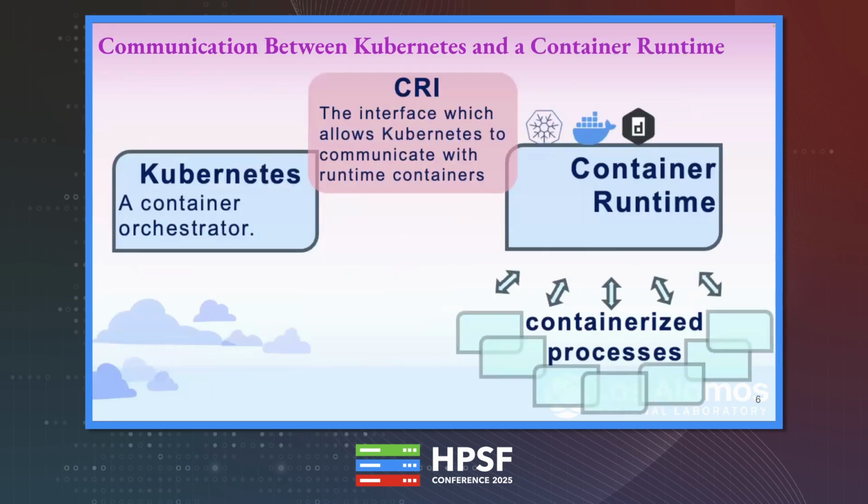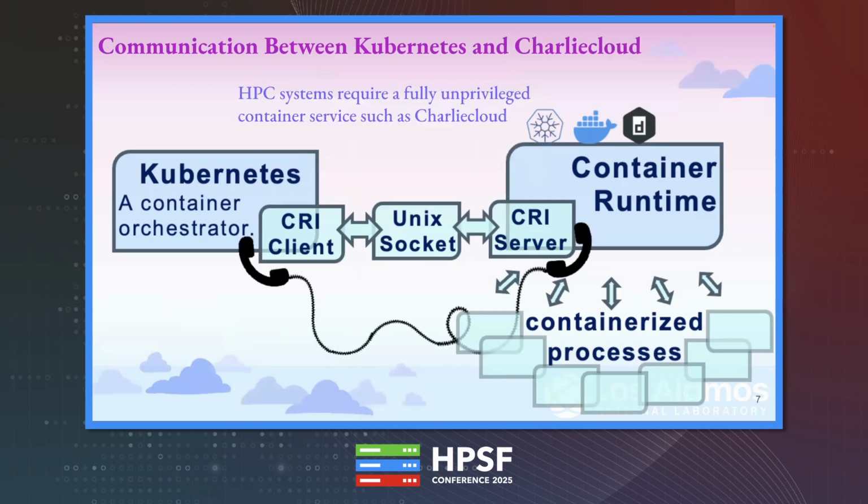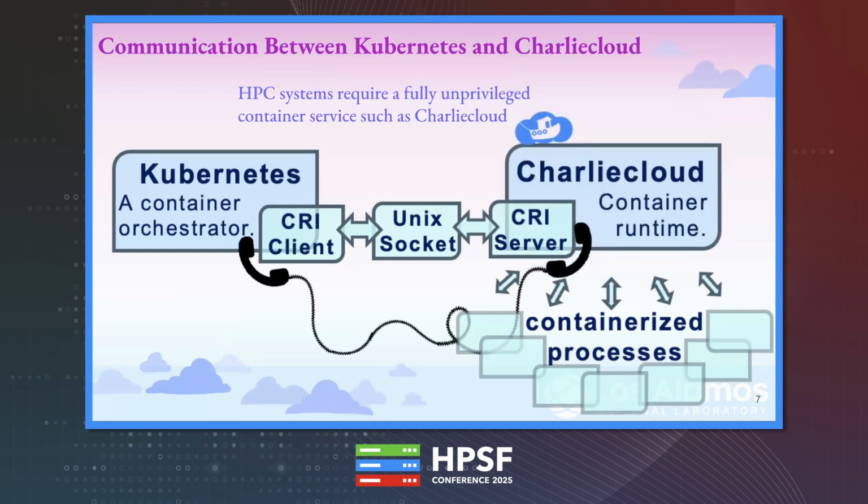In order to do that, we need to understand the communication between Kubernetes and the container runtimes. Kubernetes implements the CRI client, and the container runtime implements the CRI server, which they communicate via a Unix socket. We want CharliecLoud to have this CRI server implemented so that it can communicate to Kubernetes.